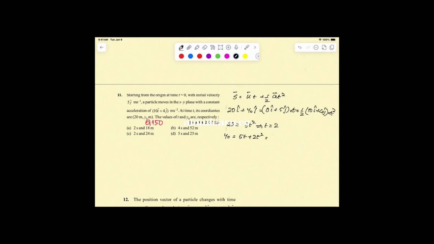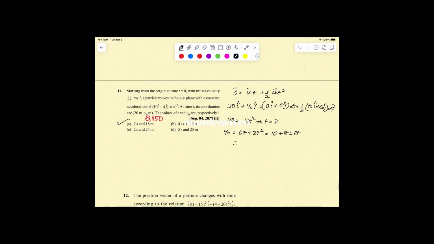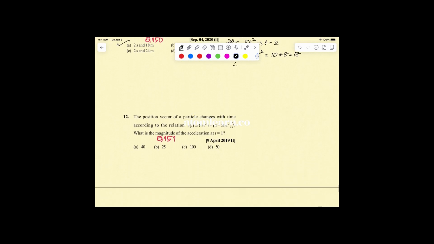So that is nothing but 5 into 2, 10, plus 2t squared, 2 into 4 equal to 8, equal to 18. Therefore, the answer is t equal to 2 seconds, y naught equal to 18. 2 and 18 is option number A. Understood how we have done it?